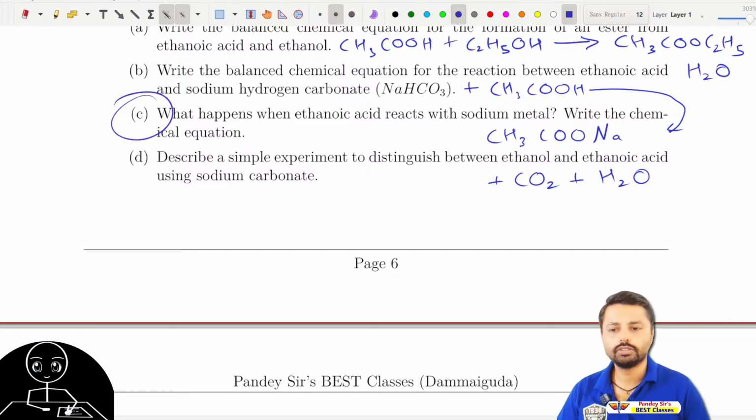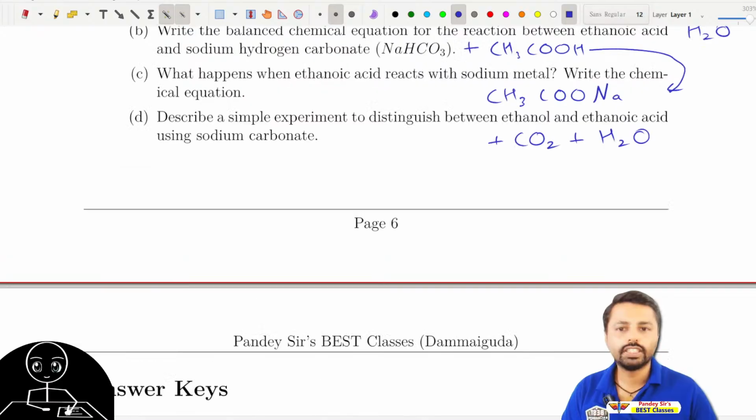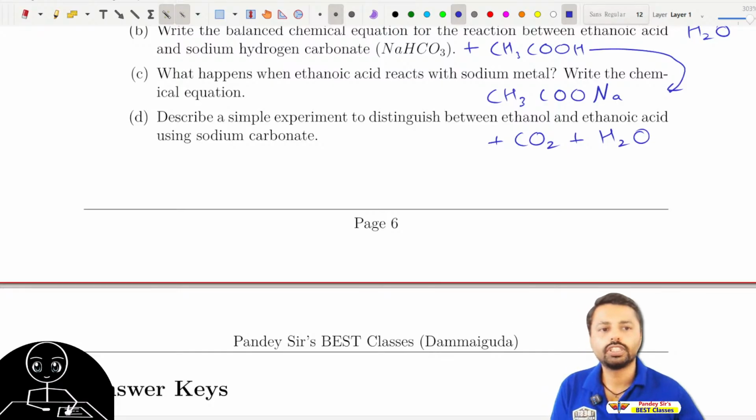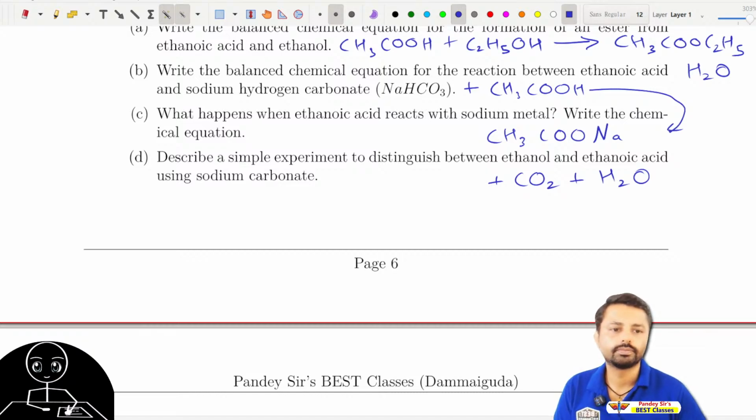Now question number C. What happens when ethanoic acid reacts with sodium metal? Write the chemical equation. Yeah, that is done already.